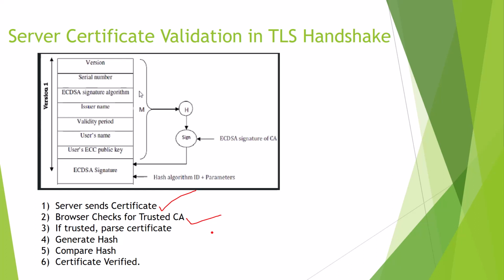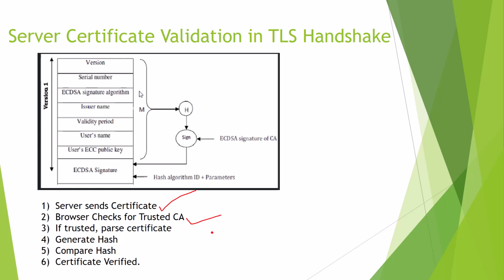And if you remember from our previous conversation, there is a very important advantage of this public-private key pair. If something is encrypted using a private key, it can only be decrypted using the public key. The same concept is applied here. The browser already has the public keys inside for the reputed CAs, and one of them is this particular CA who has signed the certificate.